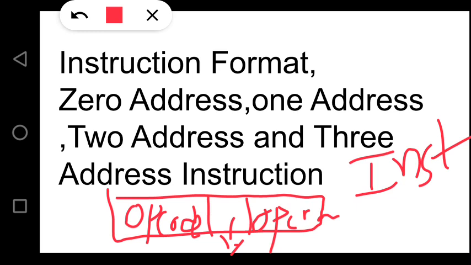The developer develops a program, which is nothing but a group of instructions, and the program should have some objective, right? For example, take the C programming language.